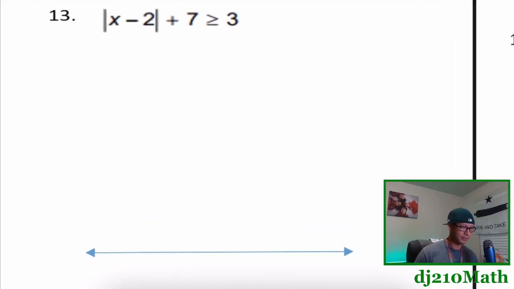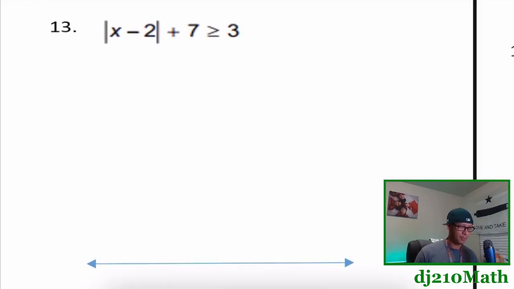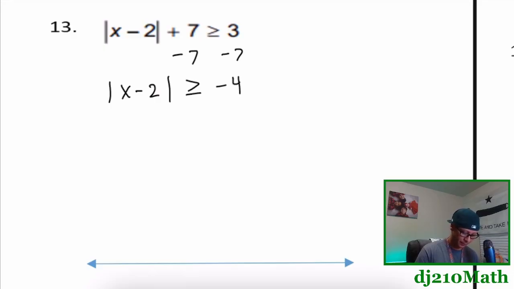All right, 13. All right, we're subtracting 7. Subtracting 7. This is going to be absolute value of x minus 2 is going to be greater than or equal to 3 minus 7. So it's going to be -4.